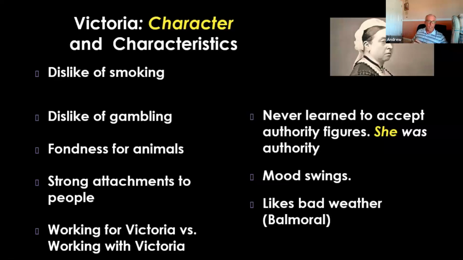I love the story of when she buys Balmoral with Albert. One of the first things she does is she runs off and finds out there's a whiskey distillery nearby, and she basically loads up on scotch, because this is a woman who likes scotch, and they've got great scotch up there. Whatever she was drinking in London didn't compare to the good stuff she could get in Scotland.